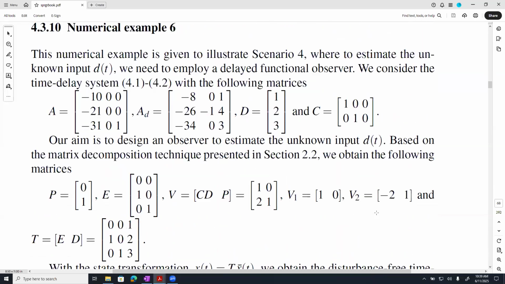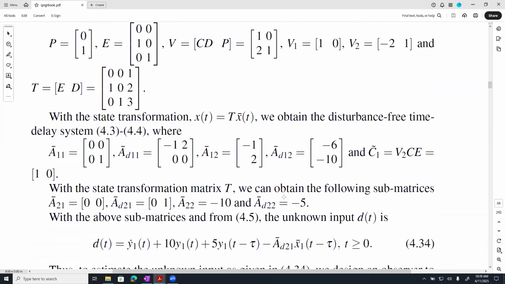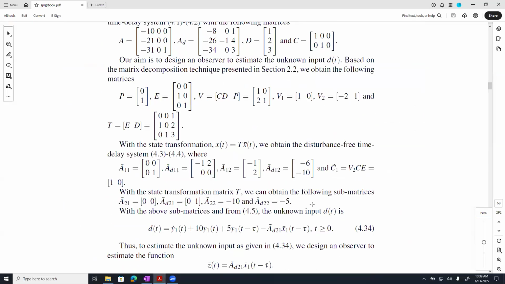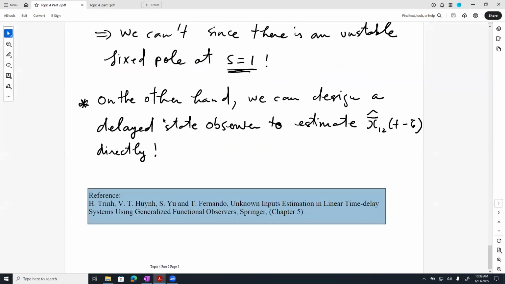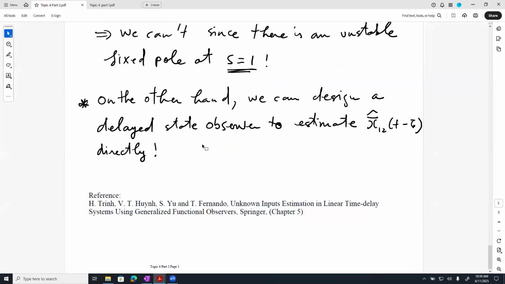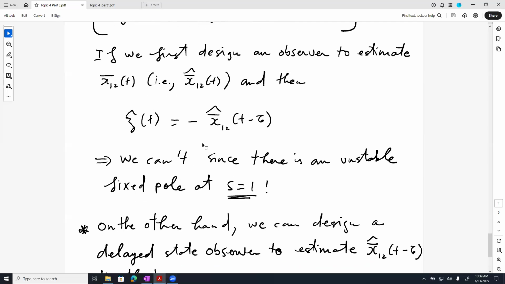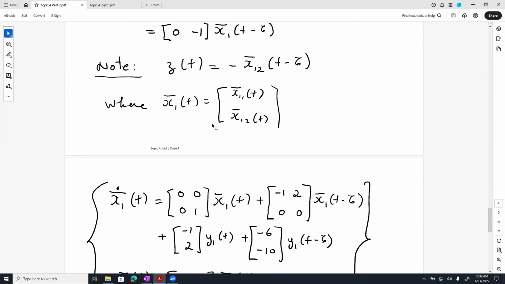Okay. And so that basically concludes our discussion on unknown input estimation for time delay system, and it points us to the importance of being able to realize the generalized functional directly.